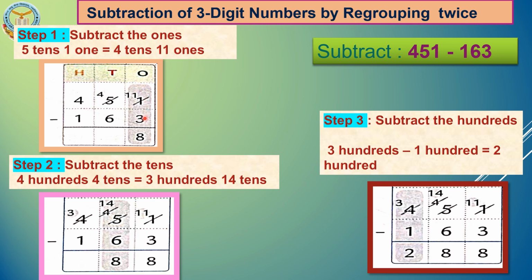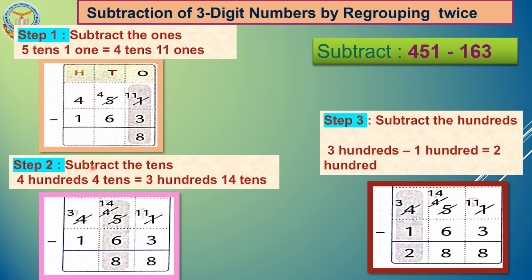Now subtract 3 ones from the 11 ones. So 11 ones minus 3 ones equals 8 ones. So write down 8 in the ones column and move to the tens place.